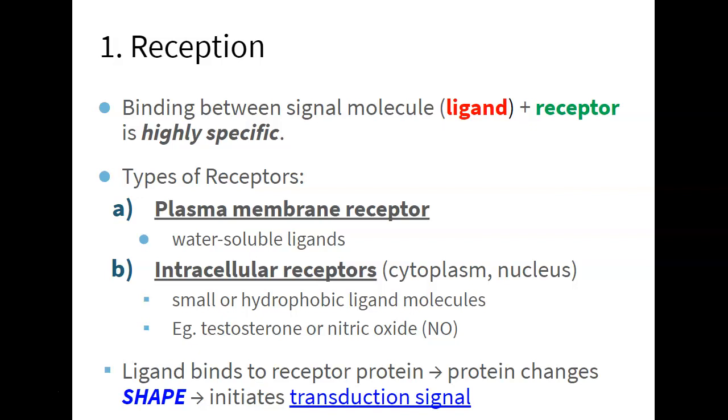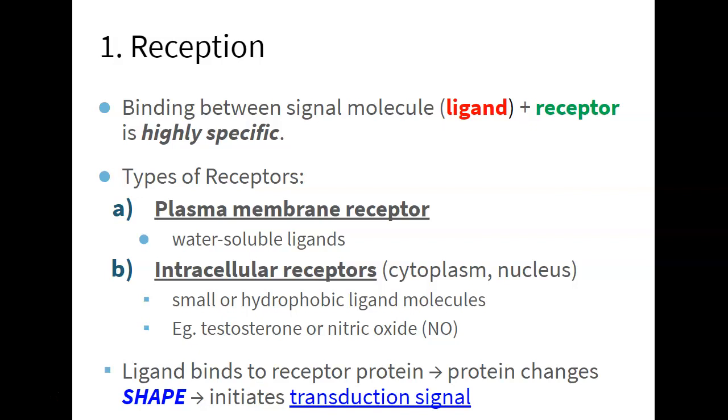Or they're located inside the cell because the things that attach to it don't need to remain outside. So testosterone is an example. Nitric oxide is an example of two ligands that will come straight through the membrane and attach to these intracellular receptors. So long story short, if the ligand molecule can actually make it through the membrane, then it can get to receptors that are inside.